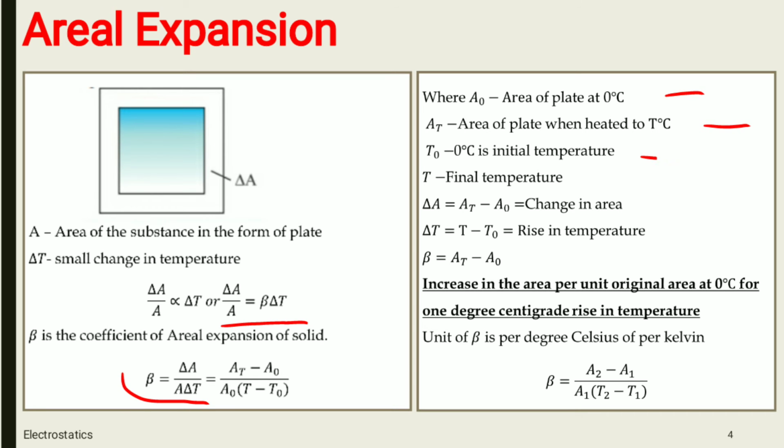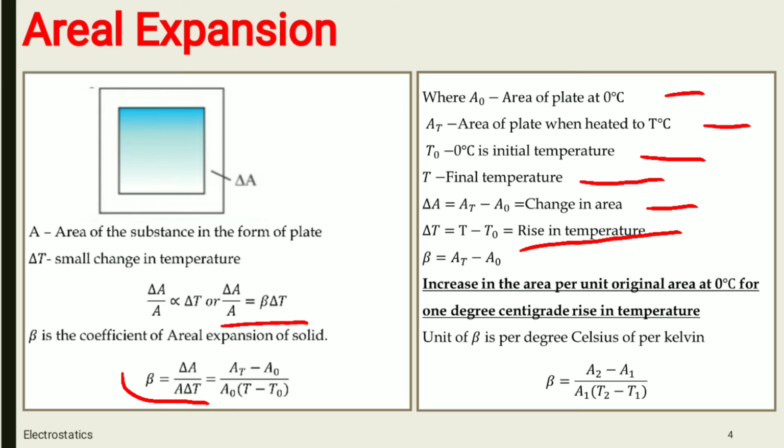T0 is 0 degrees Celsius, or the initial temperature of the plate. T is the final temperature of the plate. Then delta A is the change in area, that is AT minus A0. Next is delta T, which is T minus T0.